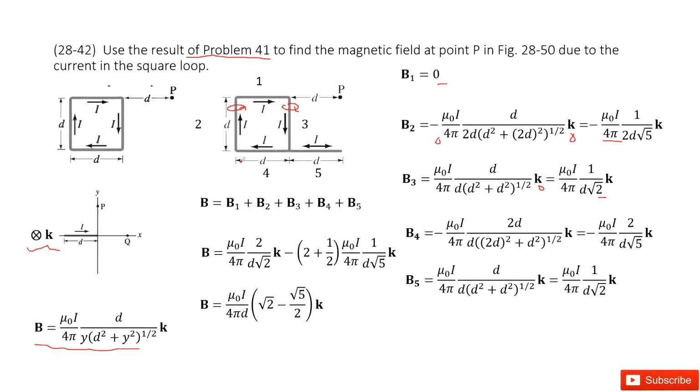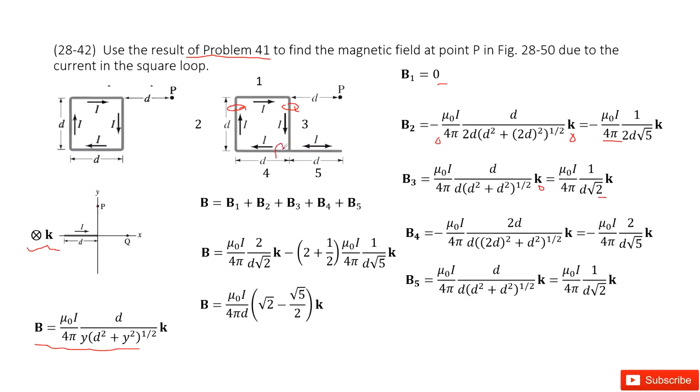For part 4, you can see the side length becomes 2D, right? The distance is D. So there, replace D with 2D and Y with D. Agree? The next one, we need to determine the direction.